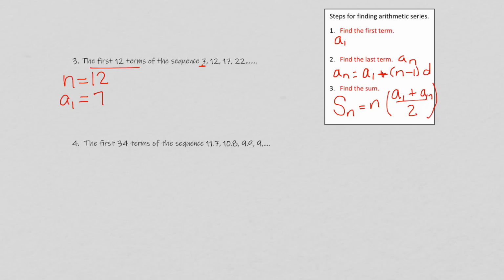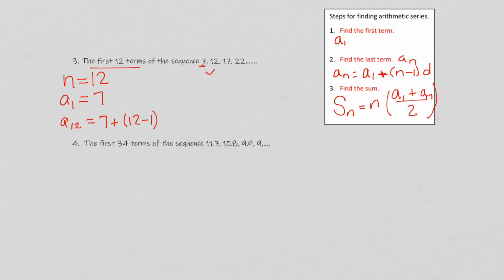Now, I can find the 12th term in a lot of ways. I could continue the pattern and find that, or I can use my formula that we have off to the side, this one right here, a sub n equals a sub 1 plus n minus 1 times d. I'm going to use that. So my first term was 7, plus I have the 12th term minus 1, because I'm actually looking for a certain term. And I need to find my common difference here.